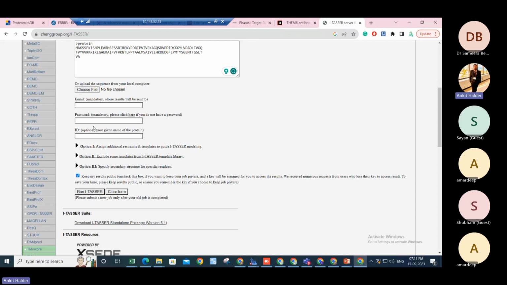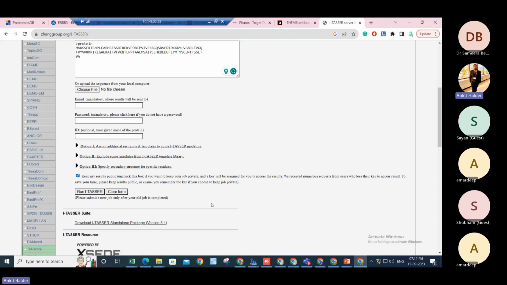So one simple experiment you can try on your own is to identify any particular protein you are interested in, take that sequence, paste it here, and run I-TASSER and get the structure. Similarly, for another protein, go to AlphaFold, take that protein sequence and try to match the similarity. This is one thing that can be done easily.